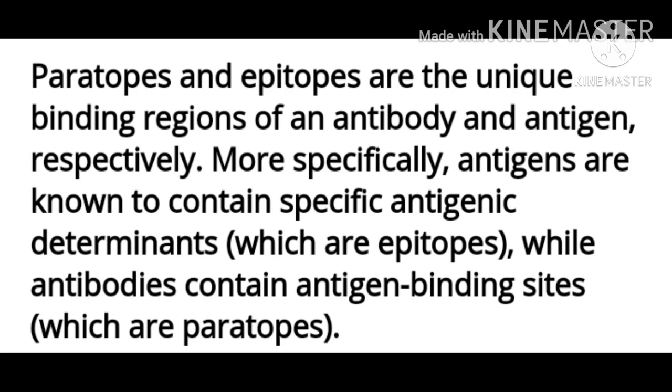Epitope is the binding site present in antigen, whereas the paratope is the binding site present in antibody. You know that antigen is any foreign substance which enters into the body. Epitope can also be defined as antigenic determinants. The antigenic property of a particular antigen is determined by the presence of this epitope.